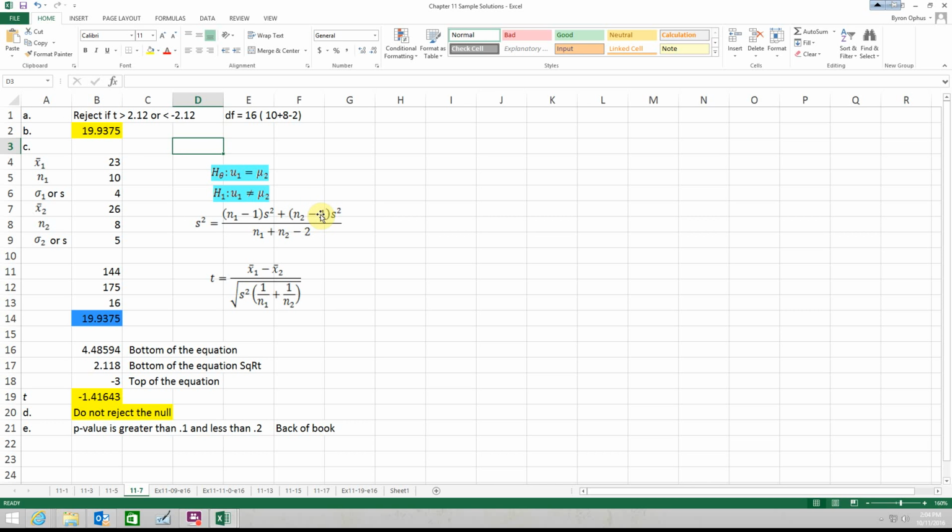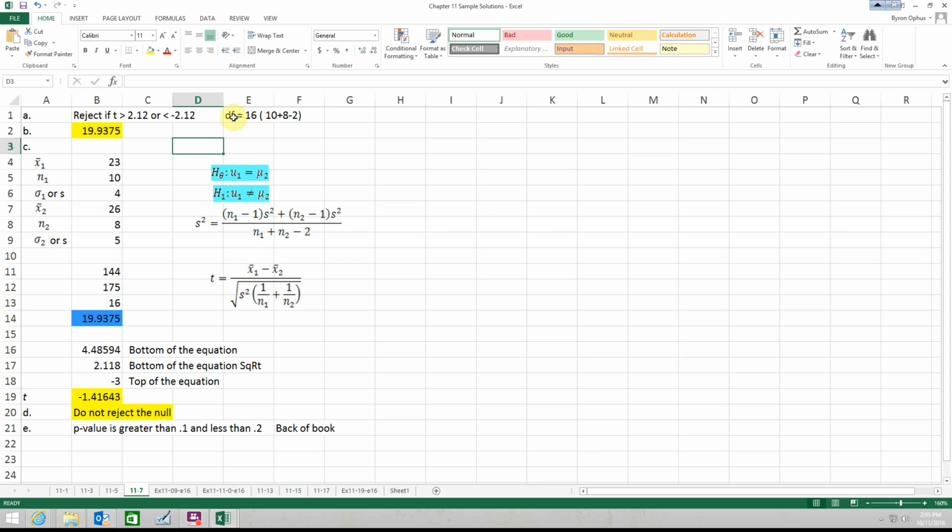It's the 0.05 significance, and it's two-tailed. My degrees of freedom are pooled as well. I've got 10 observations and 8 observations, so my sample sizes are 10 and 8.